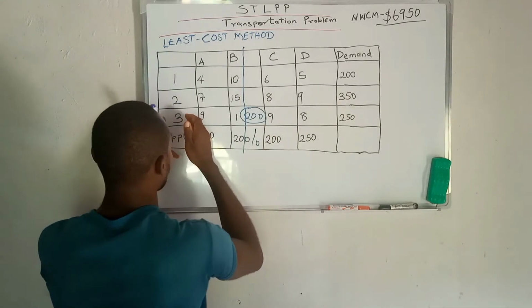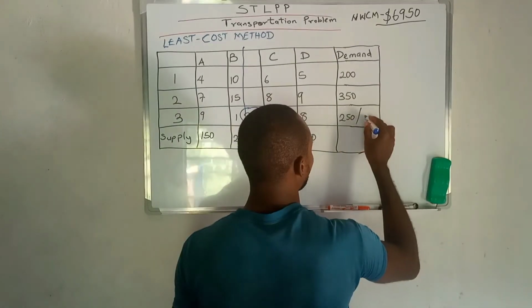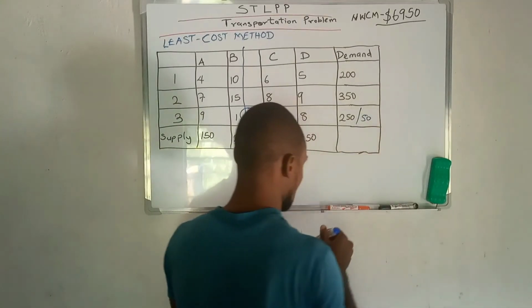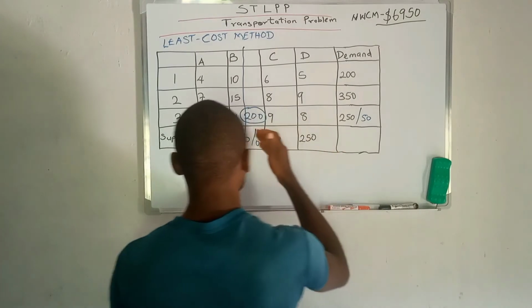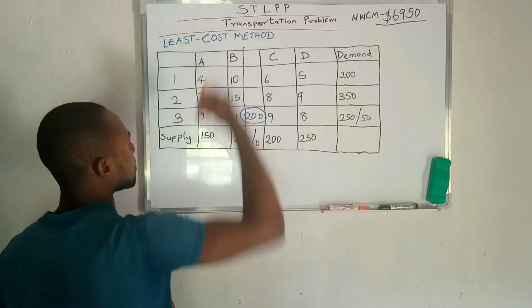And in the third store, how many goods are they demanding still? We have 50 remaining here. So we have already taken out all the goods in B, that's why we removed the row.